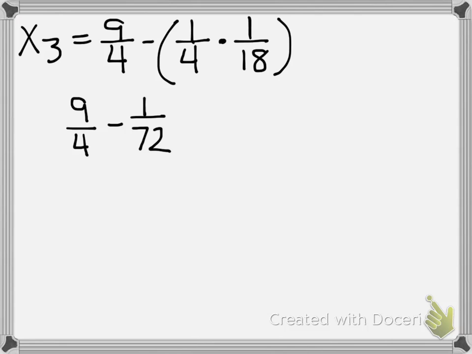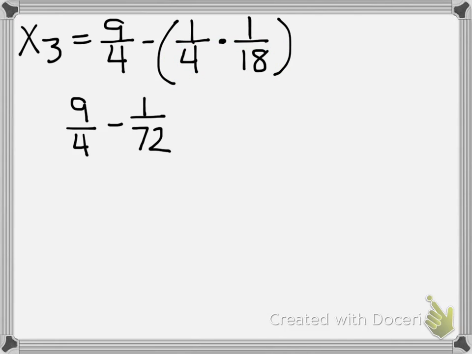So whenever we do that, we actually get 9 over 4 minus 1 over 72. Again, our denominators down here are off, so we need to find another common denominator. And so that's going to be 72, since technically we just found it right up here. So we know what to multiply by.